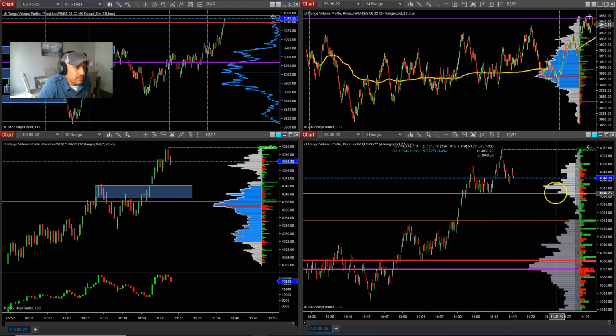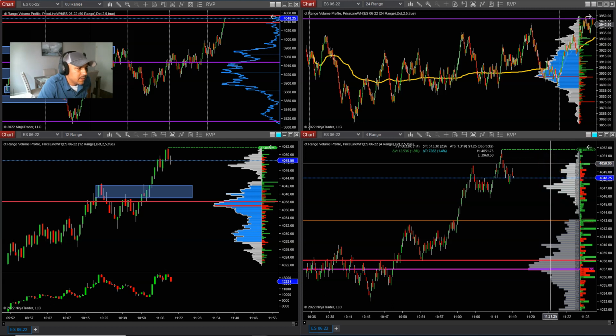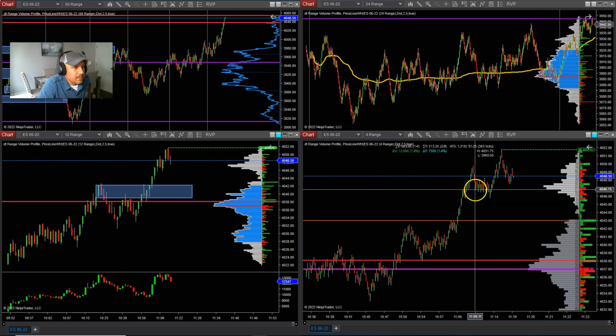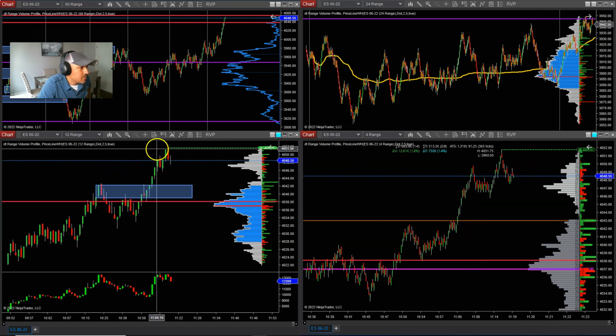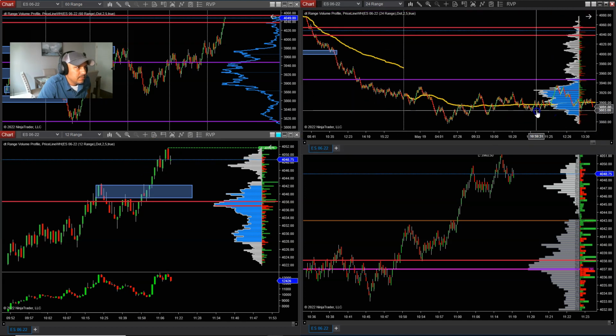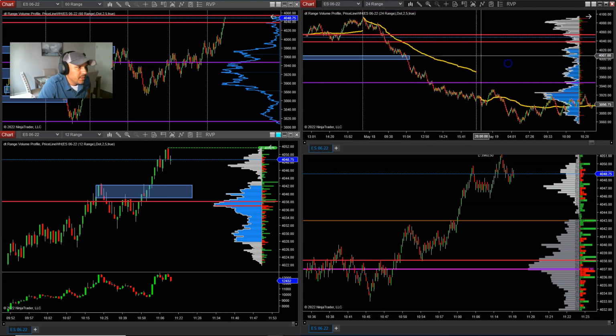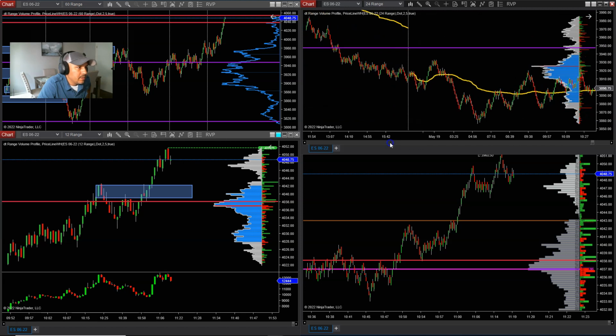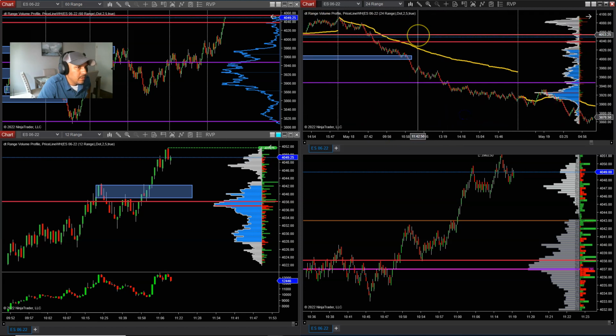I was looking for price to come up a little higher, but let's see. Projecting that area I told you off the 24 range. Yeah, so far it's projecting it.